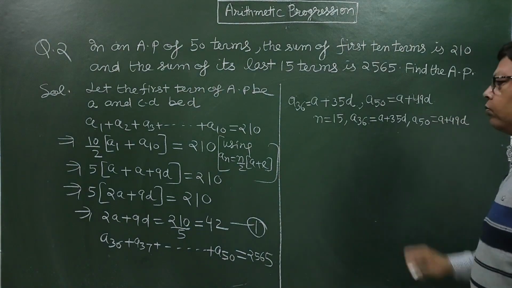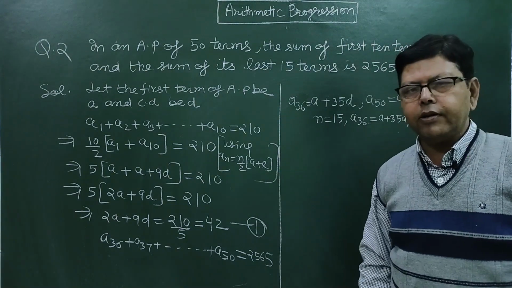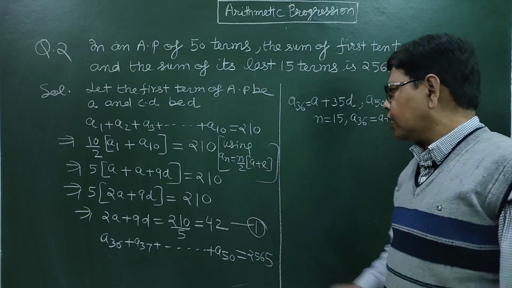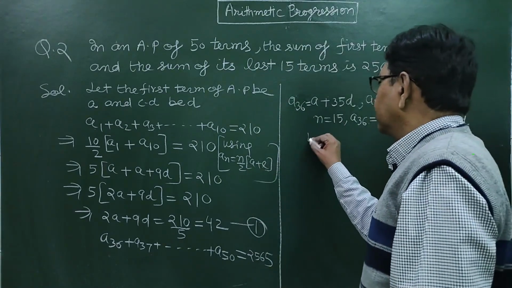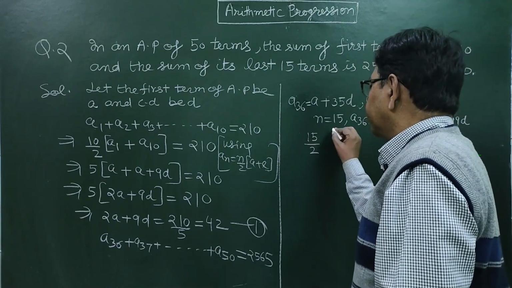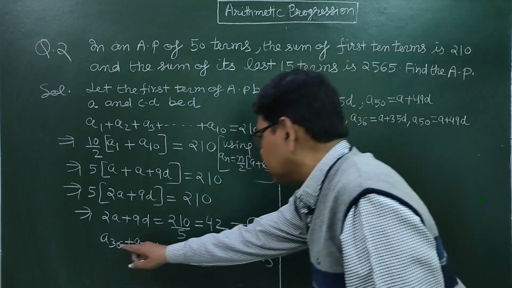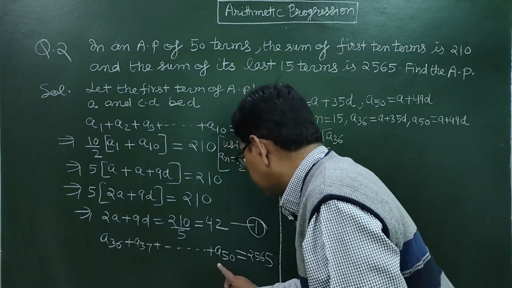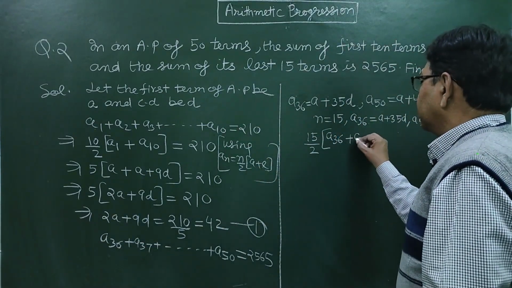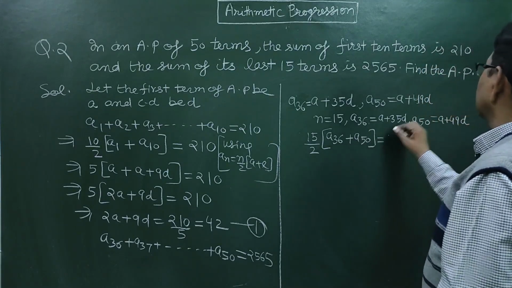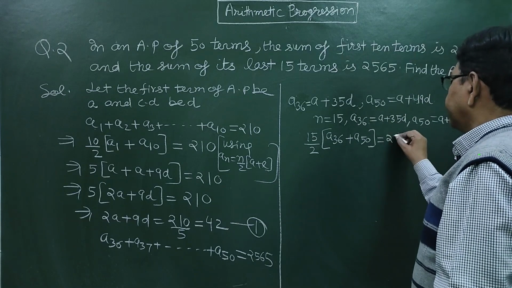Again using the formula, the sum of n terms is equal to n by 2 into (first term plus last term). If we use this formula, then 15 upon 2, the sum of 15 terms, into A36 for this AP plus the last term A50 is equal to 2565.